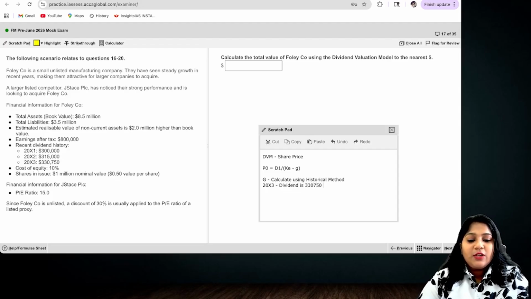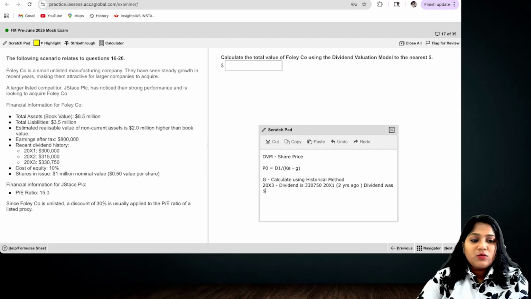And in 20x1, that is 2 years ago, our dividend was $300,000.